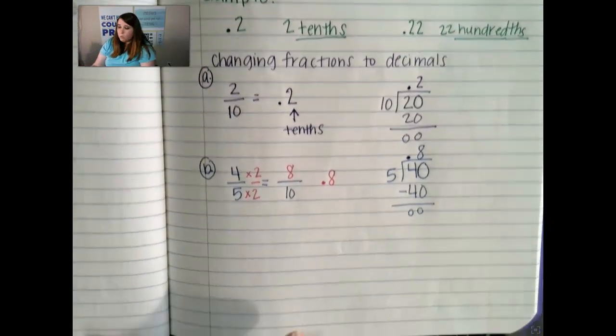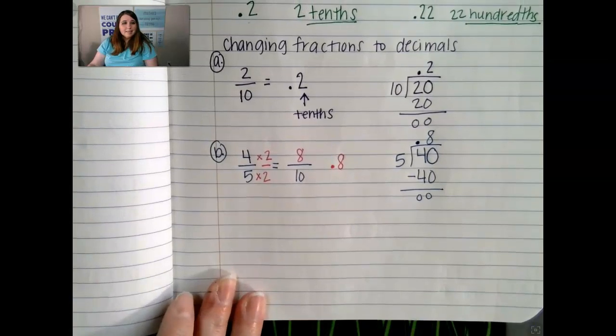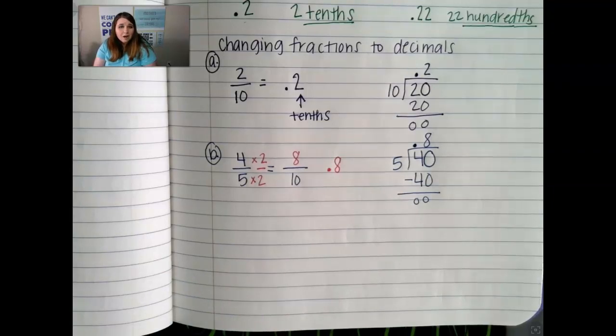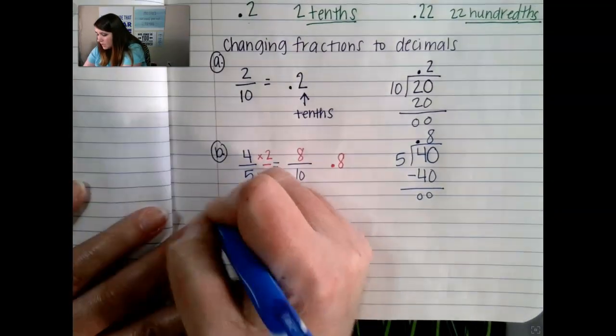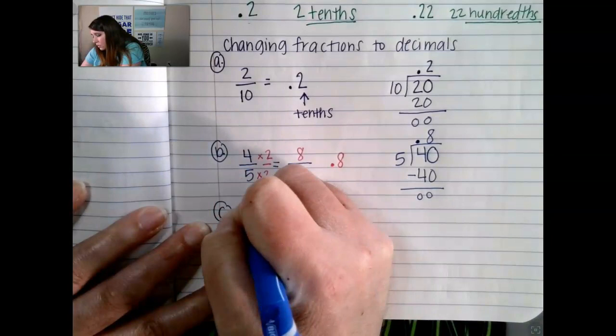Okay, well, what happens when you have a bigger number? Let's say that I have a number like 47 hundredths. Okay, so let's say that example C, I have 47 hundredths.